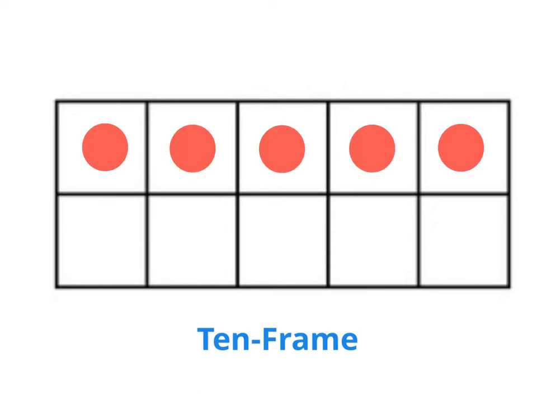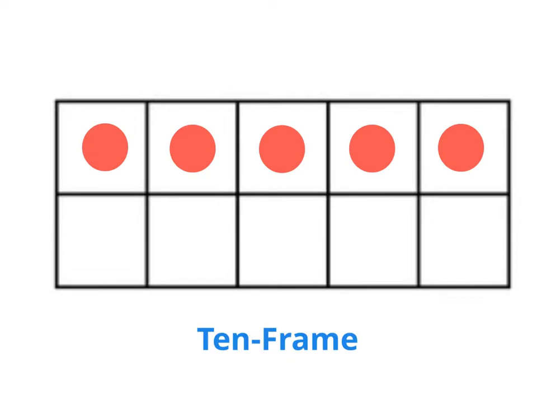Now I'm going to show you how to use a 10 frame to help us count. We can put counters one at a time on a 10 frame. We're going to start at the top row just like this. That's 1, 2, 3, 4, 5.